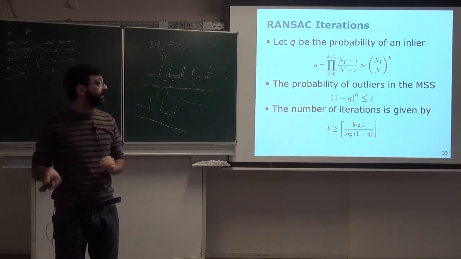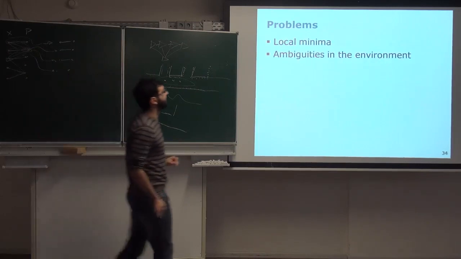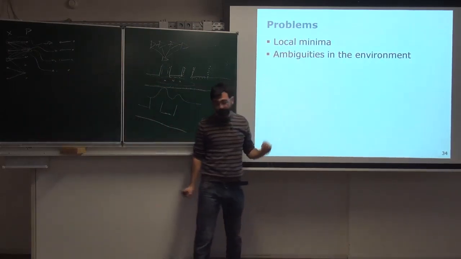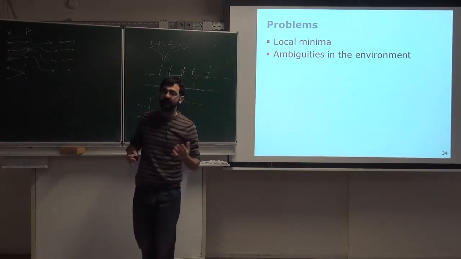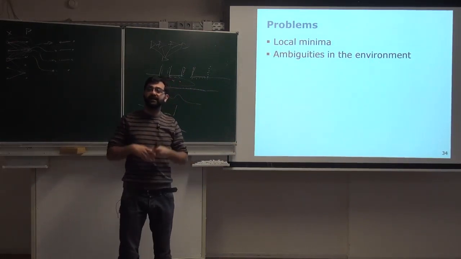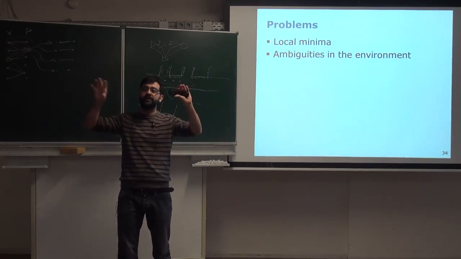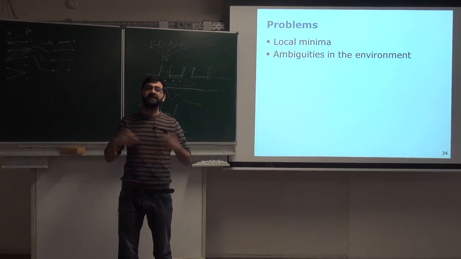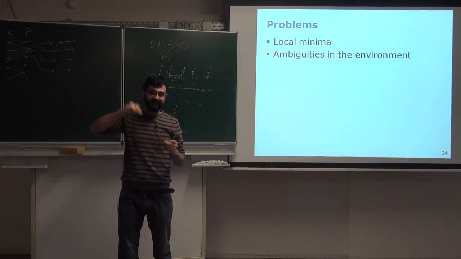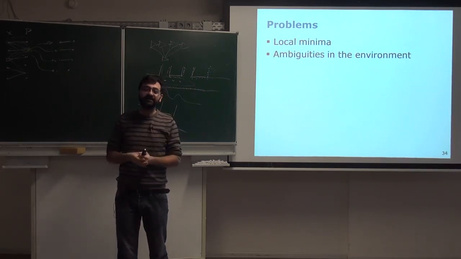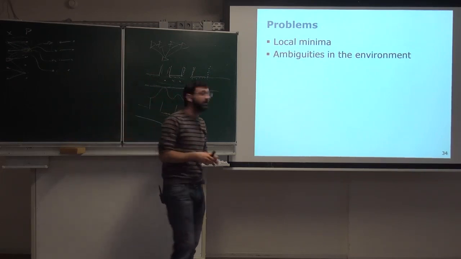Okay? The problem of RANSAC, again, is also local minima. We can never remove the local minima, because there might be two different things which really look the same, and due to noise or bad luck, you always get the wrong inlier set and end up in the other minimum.